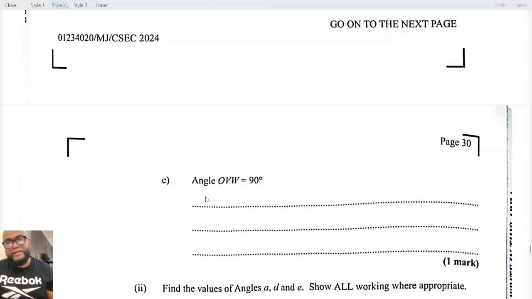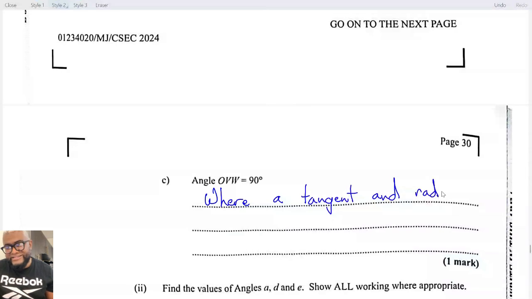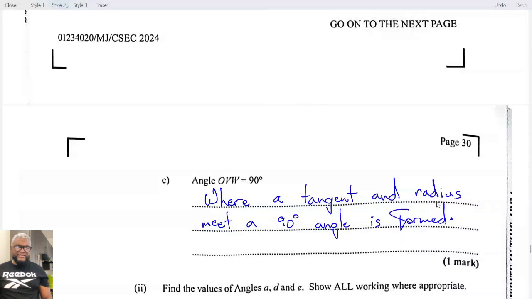Come, Shana. Let's go. Where a tangent and radius meet, a 90-degree angle is formed.